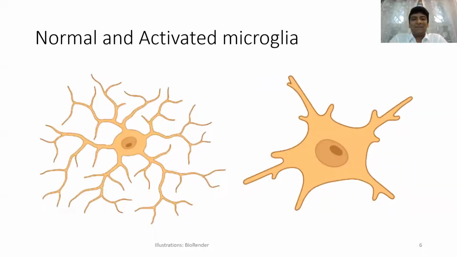In the resting state, microglia have a dendritic appearance, like a tree-like arborized look, as you can see here. But when an inflammatory process is occurring, the microglia become more amoeboid. Their processes become thicker and contracted.